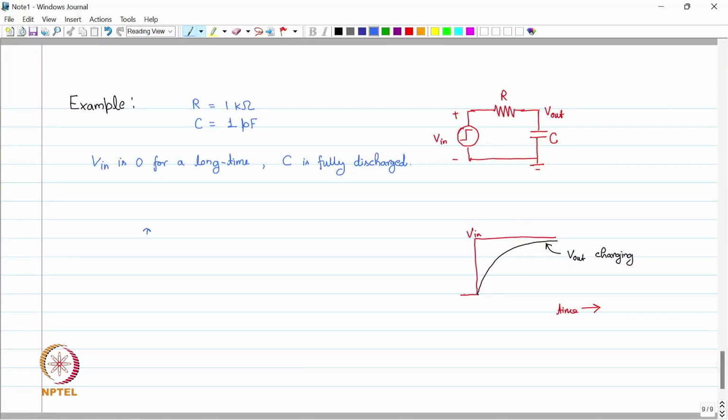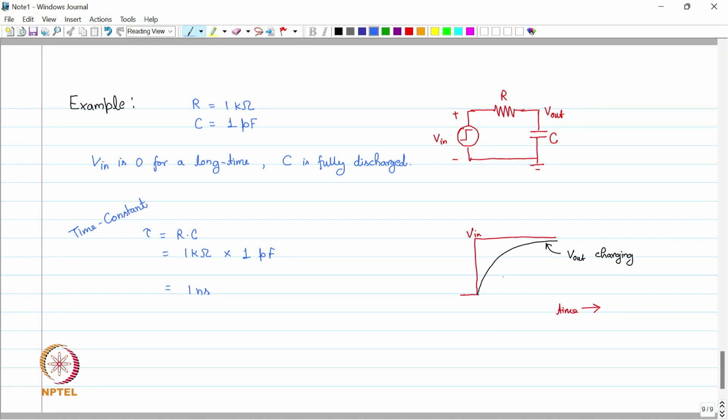So how much is the time period? We can calculate from here: the tau, or R into C, the time constant, is equal to 1 kilo ohm multiplied by 1 picofarad, which comes out to 1 nanosecond.